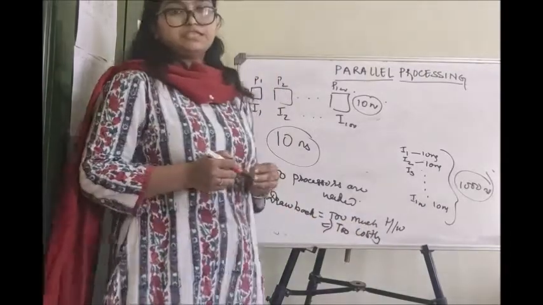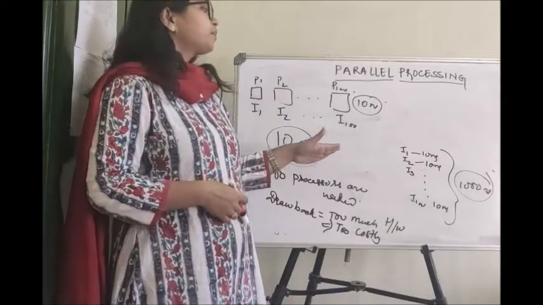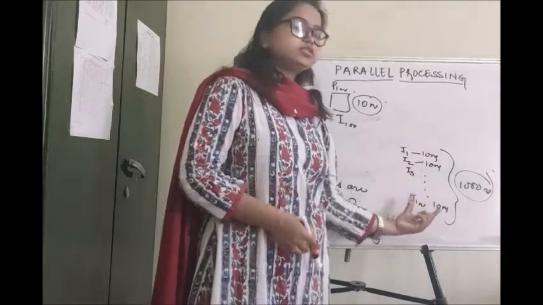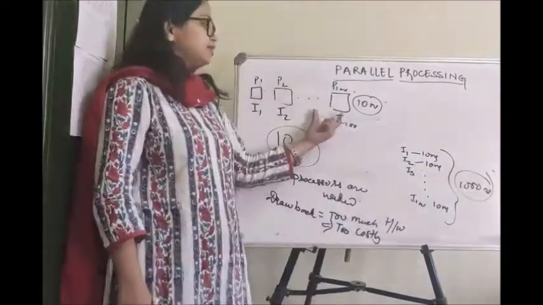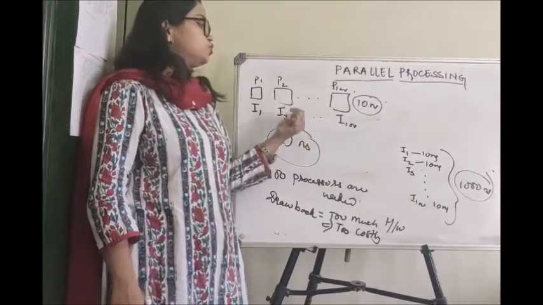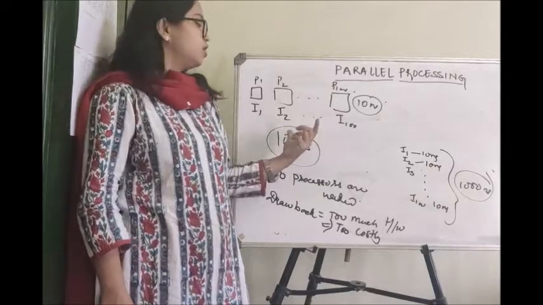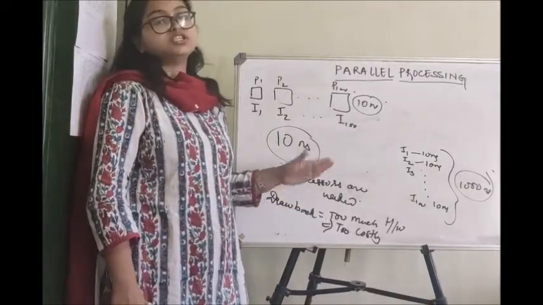It is very expensive, and not even feasible. If we execute instructions serially one after another, time is more. Here time is too less, within 10 nanoseconds we can execute 100 instructions, but it is too expensive.